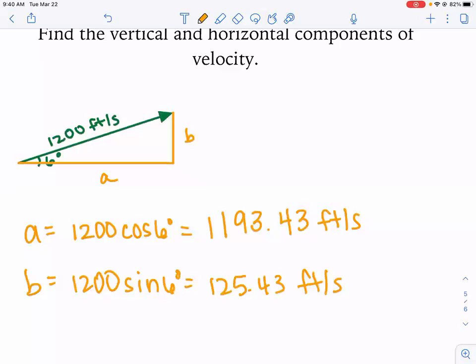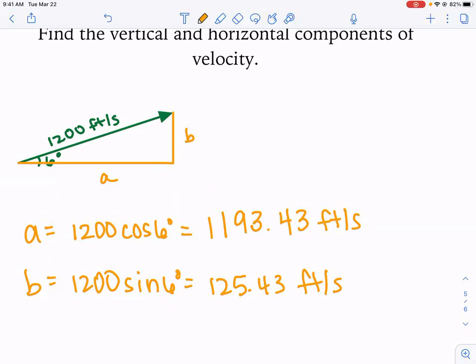Okay, that bullet is changing vertically at 125 feet per second. That bullet is changing horizontally at 1,193 feet per second. That's what those two different parts mean.